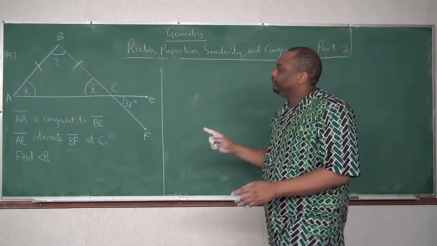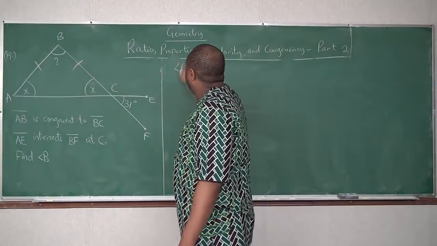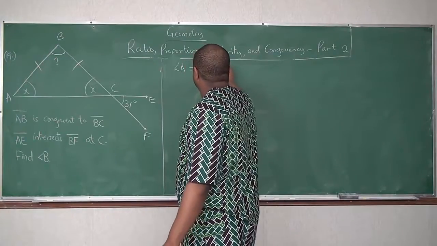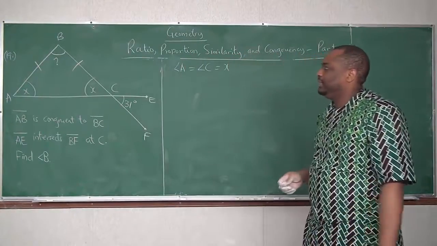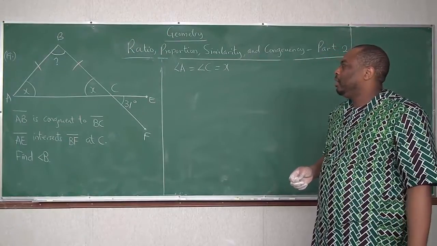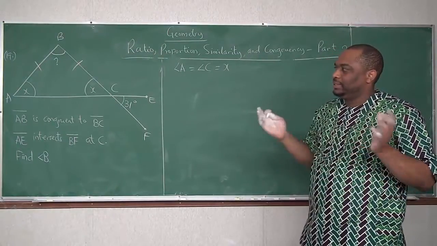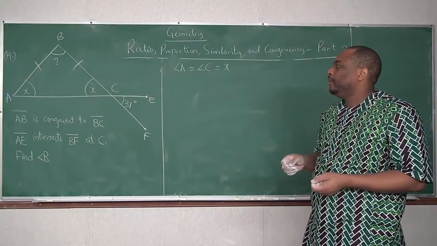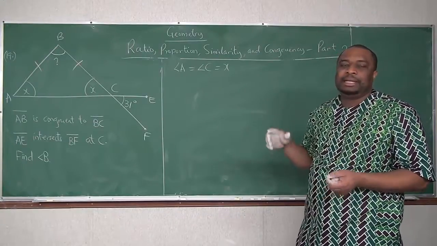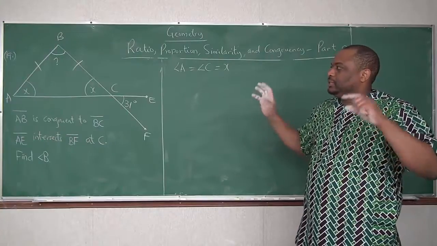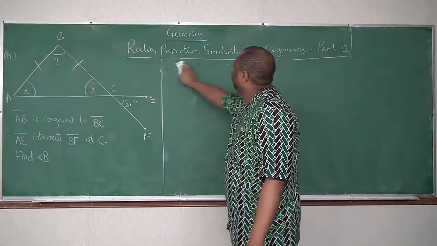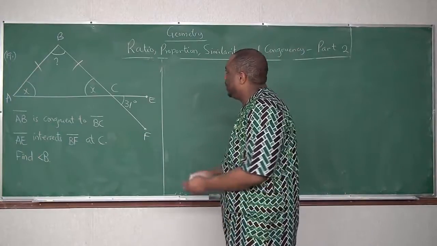So, angle A is equal to angle C, and we call it X. But because angle C is so many in this case, you don't want to write it like this. So you can write it this way.